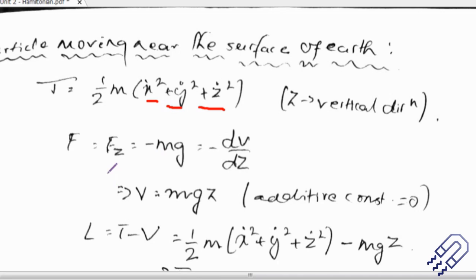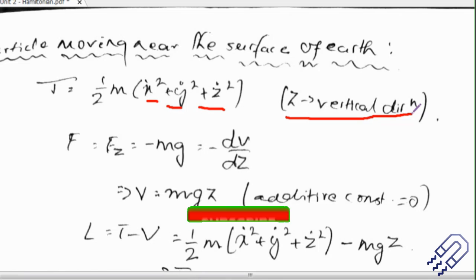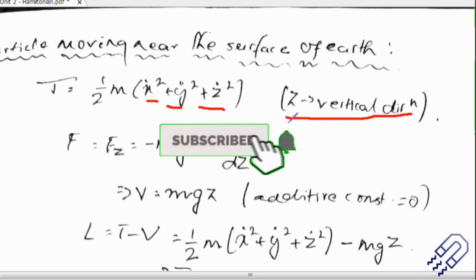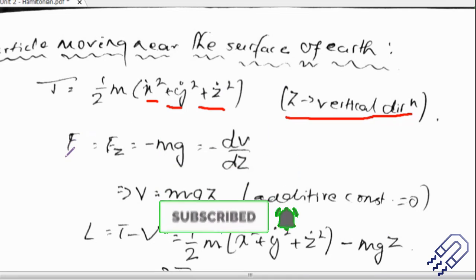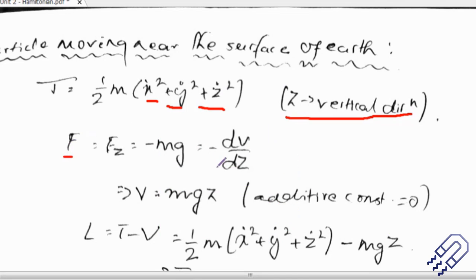Next we have the potential energy, and this is important because z is nothing but the vertical direction, that is, the height. If you're considering the potential energy for a particle on the surface of the Earth, we have to consider the force, because force and potential energy are connected.